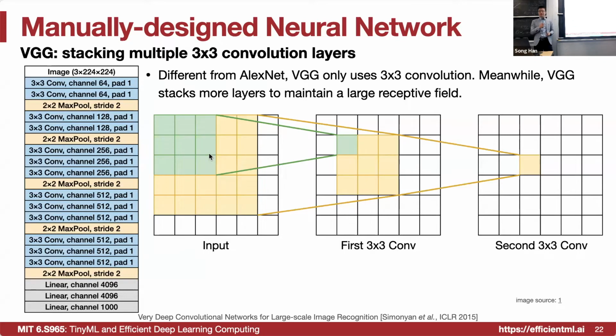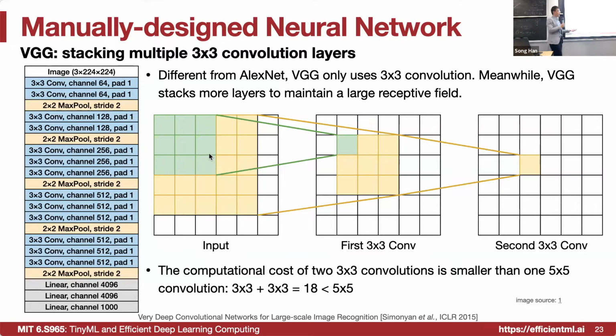So in order to achieve the same receptive field, two layers of 3x3 convolution require only 18 weights, assuming only one channel, right? But one 5x5 convolution requires 25 parameters. Okay, so this is the assumption from VGG that stacking multiple small kernels is better than a single large kernel.